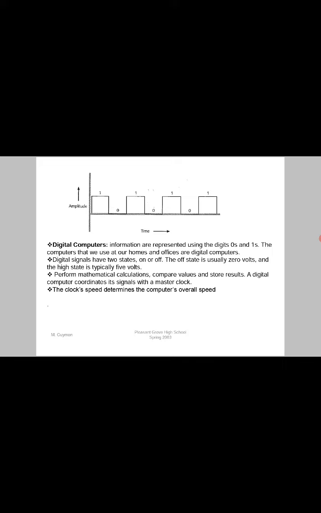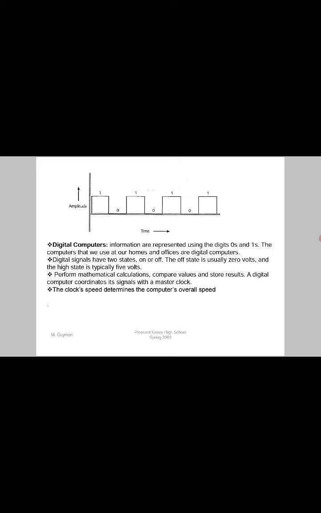Zero means low voltage and one means a high voltage. The computers that we use at our homes and offices are digital computers. Digital signals have two states: on or off, yes or no, 0 and 1. 0 usually means 0 volts, and the high voltage state typically means 5 volts.